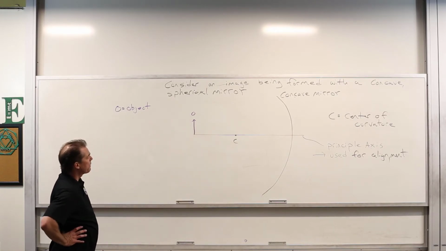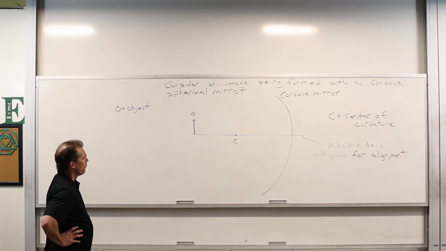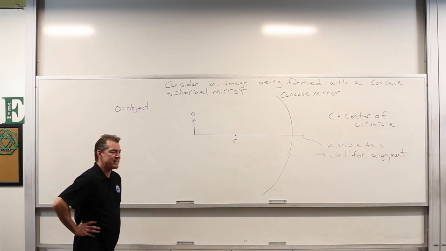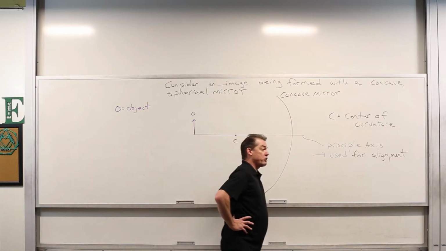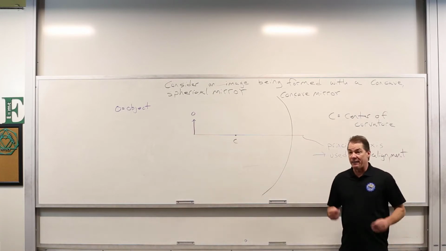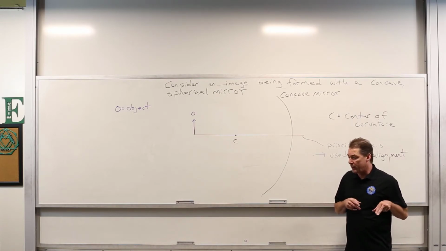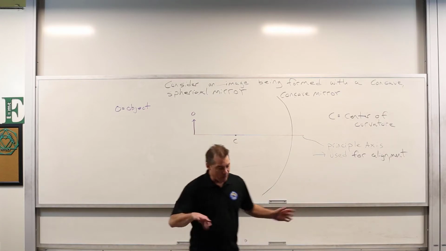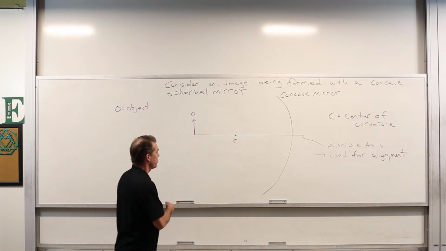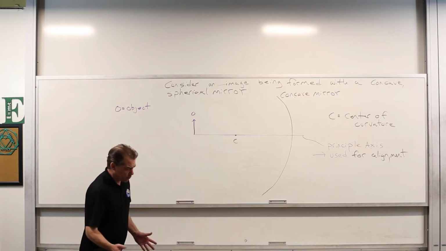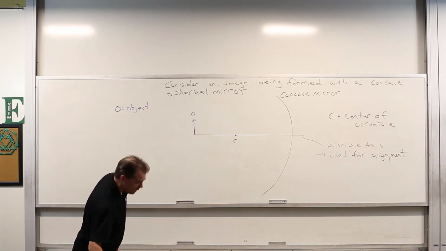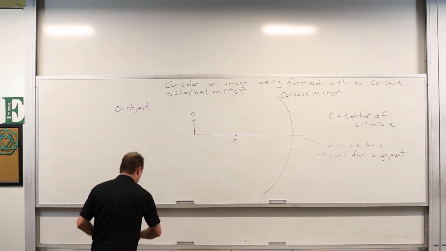So we need some way of gauging what some of the light rays do. If we can see where they either trace back to intersect or where they physically intersect, we can have a nice depiction of where the image is going to be located. There's one really nice one that we just discussed, the one that goes through the center of curvature and just reflects back upon itself. Let us draw that in blue.